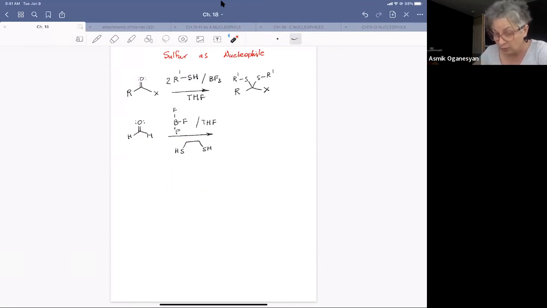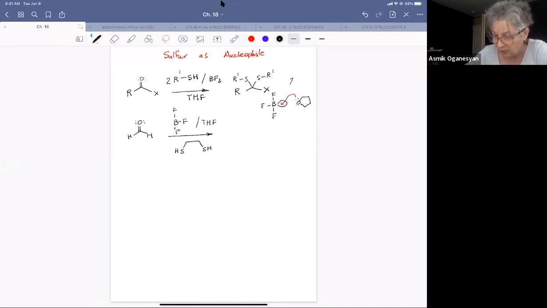So let's take a look at this. My trifluoroborane, carrying an empty orbital, will easily complex with tetrahydrofuran, which can provide a lone pair of electrons to be shared with the empty orbital.